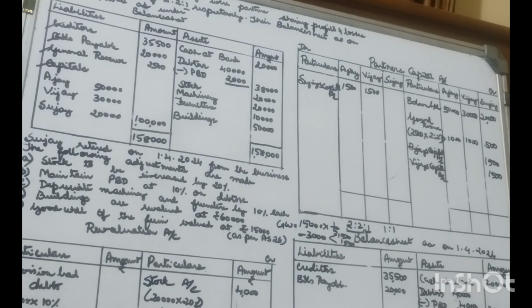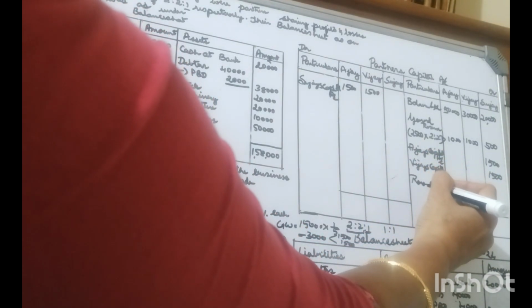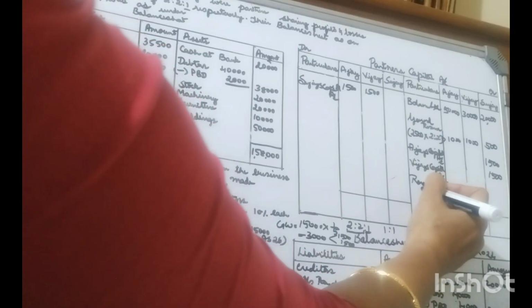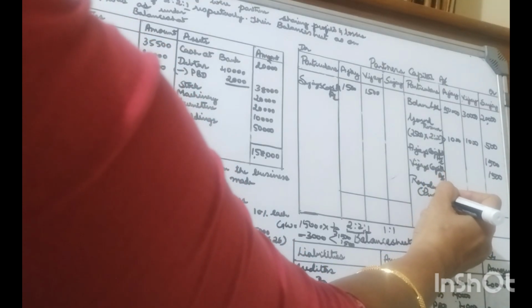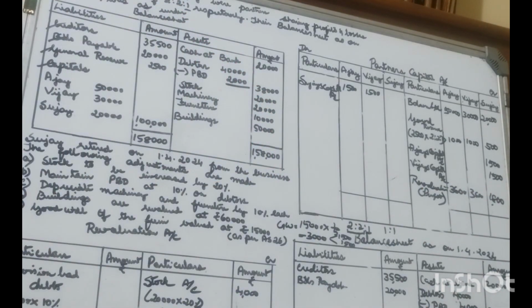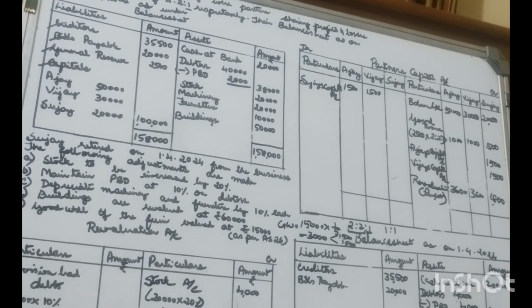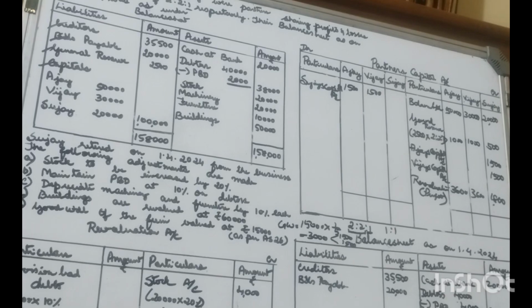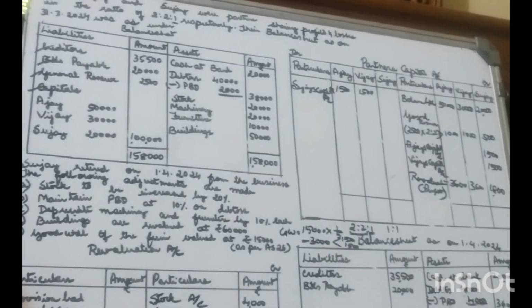So all three partners are entitled to their share of profit: 3,600, 3,600 as well as 1,800. So now the partners' capital account has to be closed.